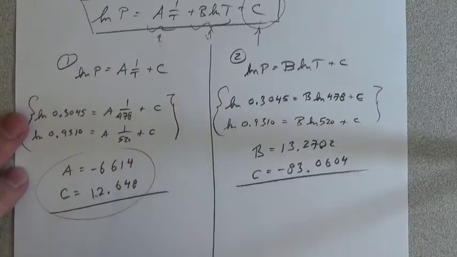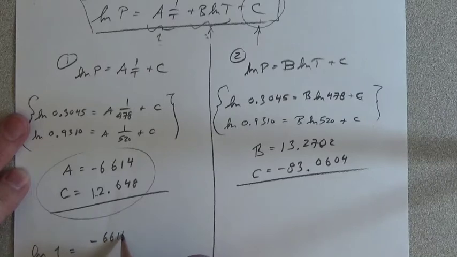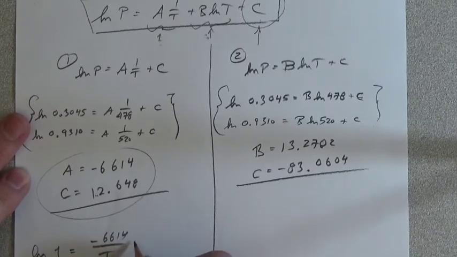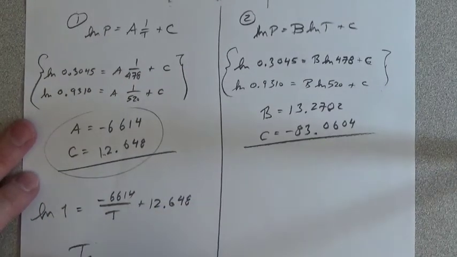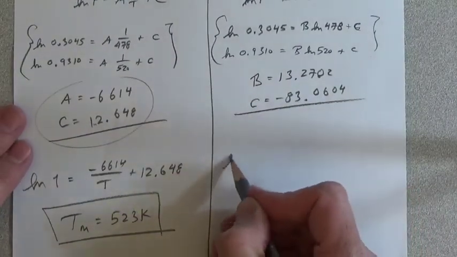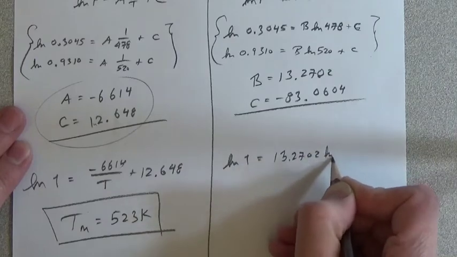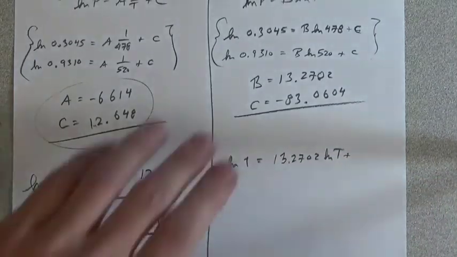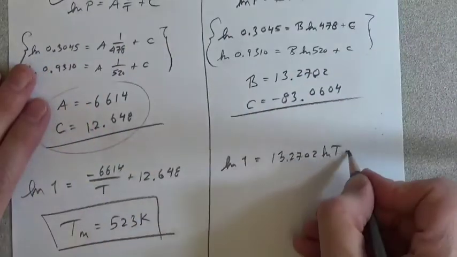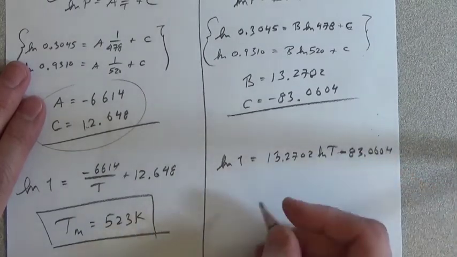Substituting these into natural log of 1 is equal to minus 6614 over T plus 12.648, we get T boiling is equal to 523 K. On the right hand side, natural log of 1 is equal to 13.2702 natural log T minus 83.0604.